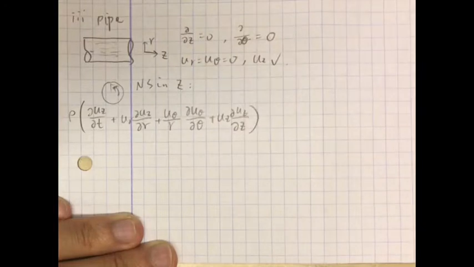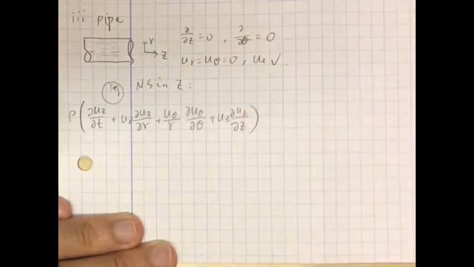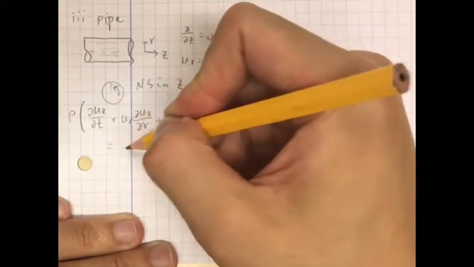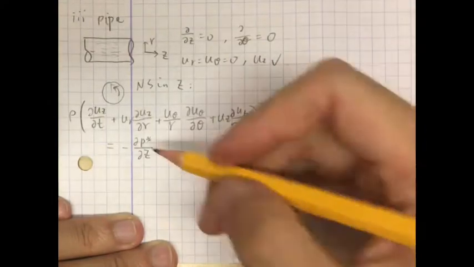The left hand side is very similar to the case in Cartesian coordinates, right? You only need to add the 1 over r here. But the right hand side is a little different. Well, I wrote a star here.